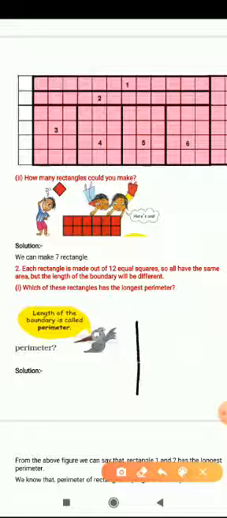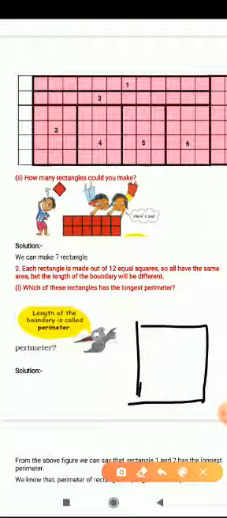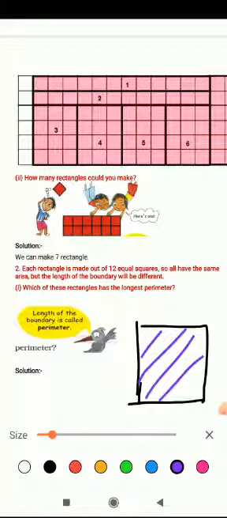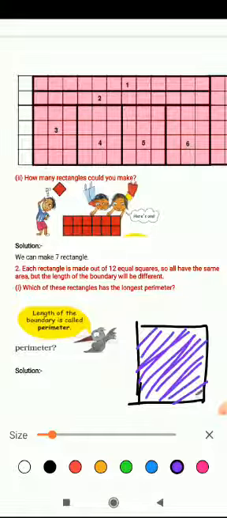I am drawing one square over here. Okay, now I am drawing some lines inside it. What is this? This is space occupied by this square.